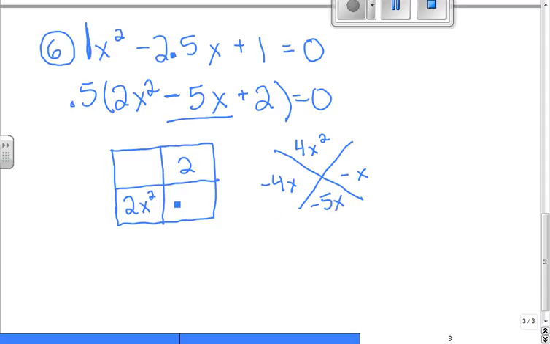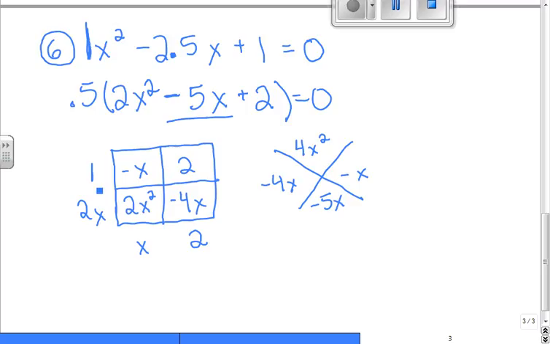All right, 2 and negative 4x, they have a 2 in common. 2x squared and negative x, they have an x in common. 2x squared and negative 4x, 2x in common. Negative x and 2, they have a 1 in common.